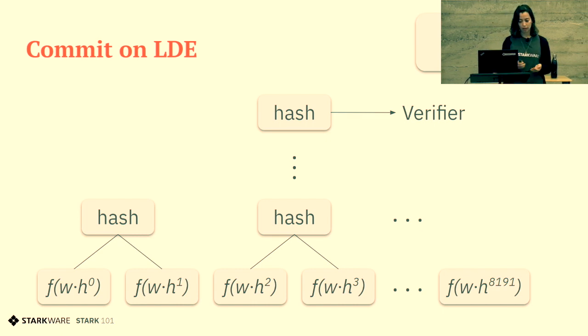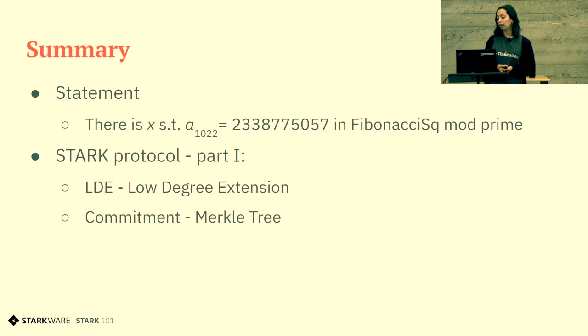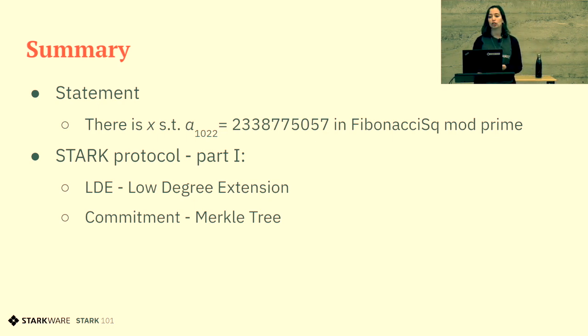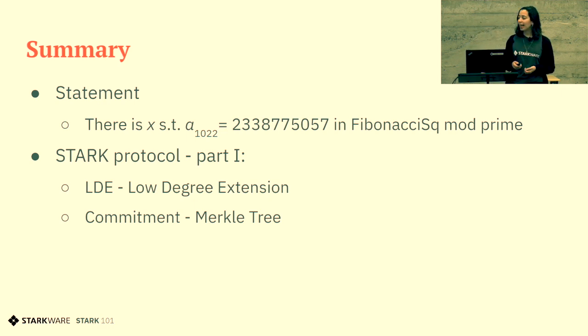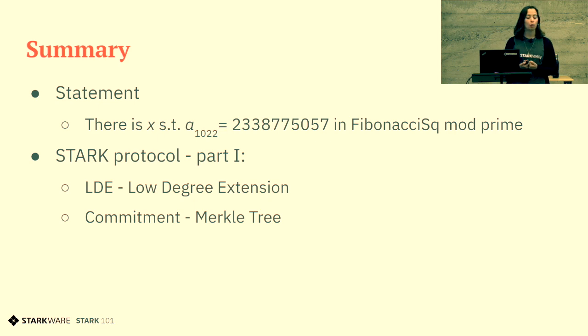Let's summarize. So we presented the statement that we are proving today, that there is an x such that if you compute the Fibonacci square sequence modulo our prime until the 1023rd element, we get this specific element. And then we dived in to present the STARK protocol. The first part was encoding our sequence using low-degree extension, and then the commitment phase.